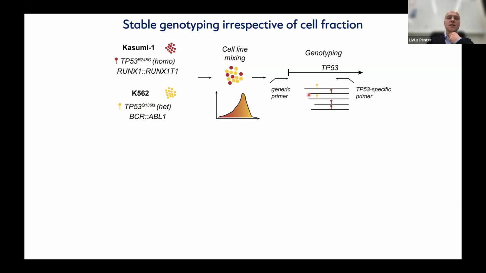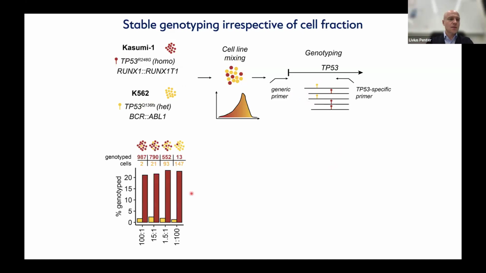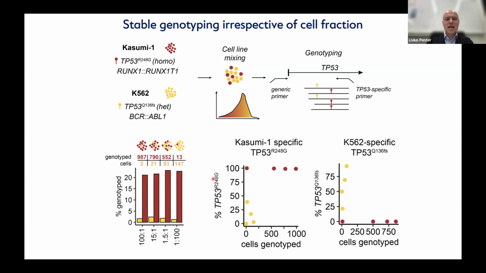If we find one or the other TP53 mutation, we have a way of distinguishing these two cell lines. And what we found is that no matter at what ratio you mix these cells, you have a pretty stable genotyping rate for these cell lines. And it was interesting to see that one of the 2 cell lines had a pretty low genotyping rate of about 2%, while the other had a 20% genotyping rate.